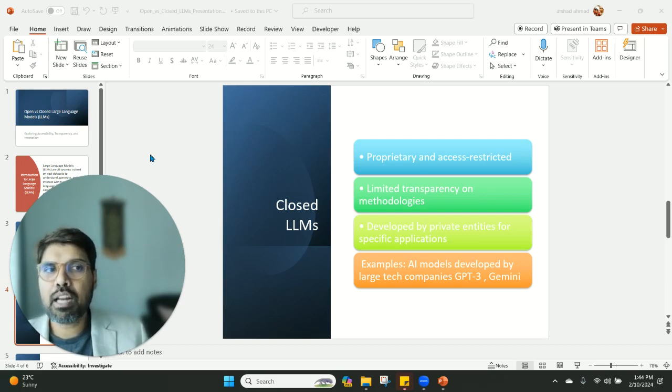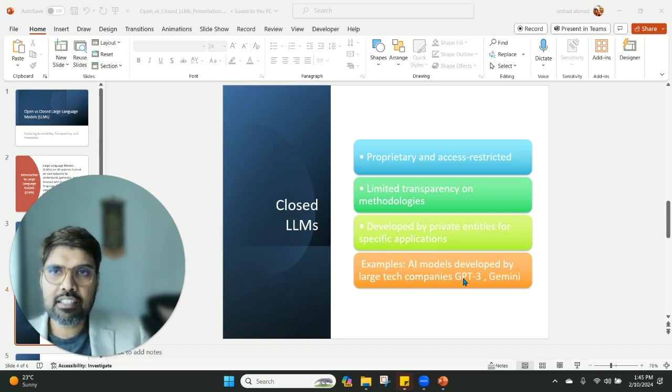They are developed by private entities, like in this case OpenAI has developed their models that they have not released to the public, and they are for specific applications, like GPT Turbo Instruct, which is mainly for chatting, for interaction with humans. Some of the examples are GPT 3.5, the models by OpenAI, GPT 3 and above, and even the Gemini models that are closed source.